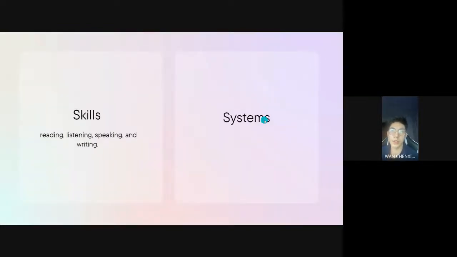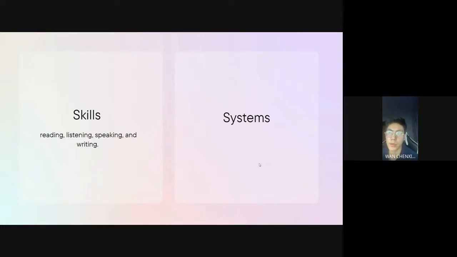English courses are not only about grammar and vocabulary. Students also need opportunities to practice skills such as reading comprehension. We can divide course types into two major categories: skills and systems. Language skills are reading, listening, speaking, and writing.